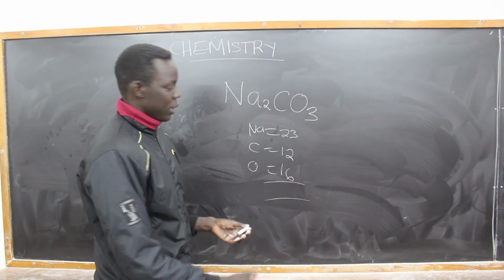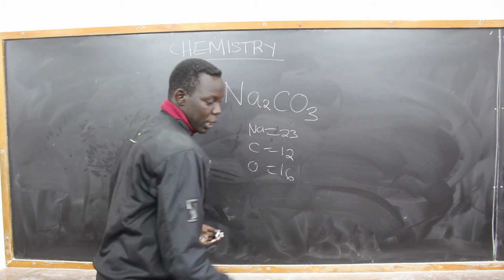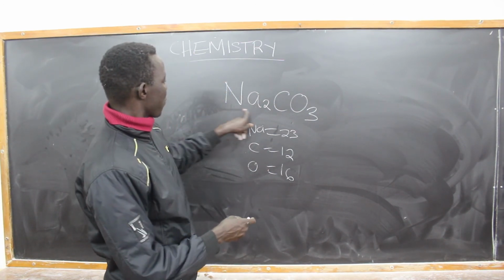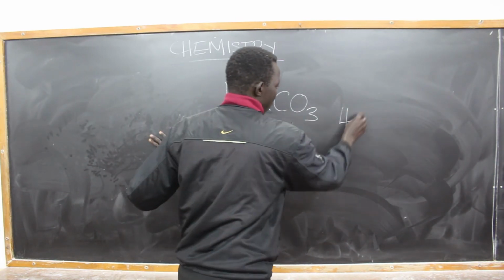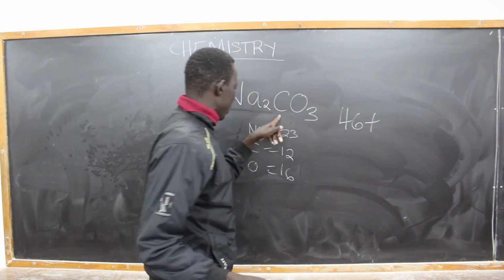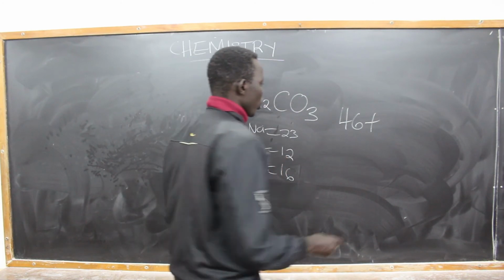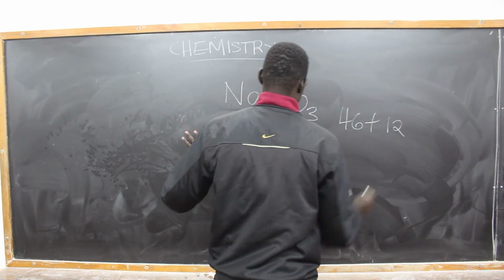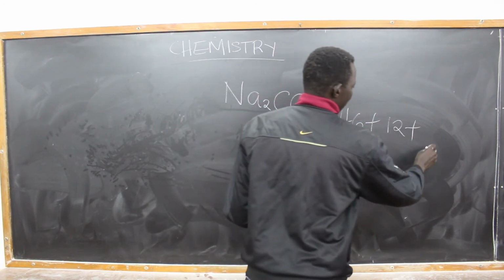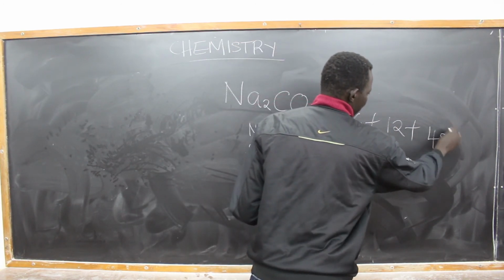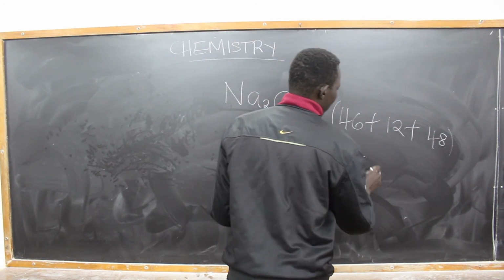May God forbid. So sodium here is 2, so it's going to be 46. Carbon is simply 1, it's going to be 12. Then plus 16 times 3 is 48. This one will give you 106.